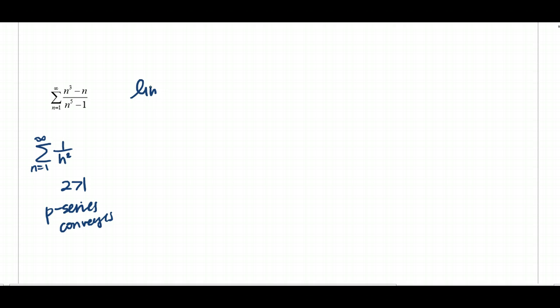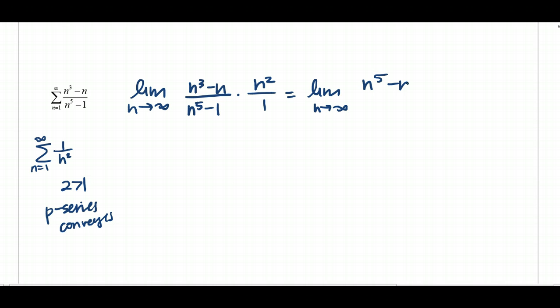And now we'll set up our limit as n approaches infinity of n cubed minus n over n to the fifth minus 1 times, I'm going to do that multiplied by the reciprocal already, n squared over 1. So this is the limit as n approaches infinity of n to the fifth minus n cubed over n to the fifth minus 1.